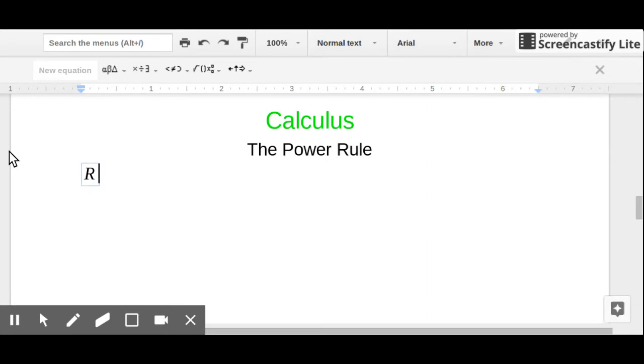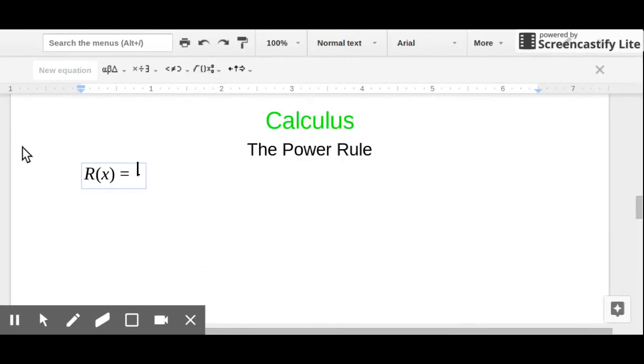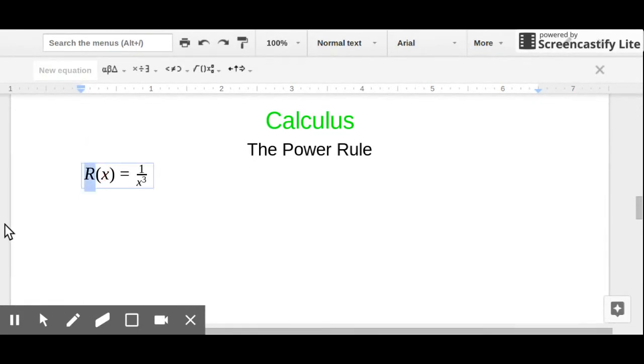Let's say we had r of x is equal to 1 over x raised to the third power, and we are asked to find r prime of x. And as you can see here, we're going to be using the power rule.